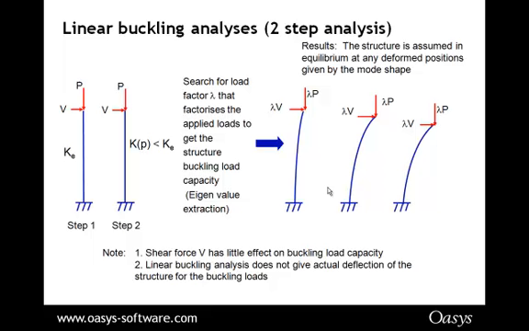And note that it's linear buckling. It's assumed the structure is in equilibrium at whatever the deformed position, which means that it's not giving the actual deflection of the structure, it's merely giving the deflected shape and the buckling load.